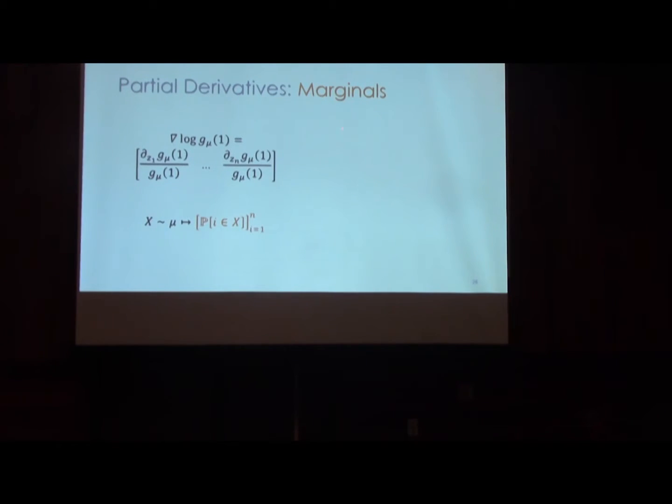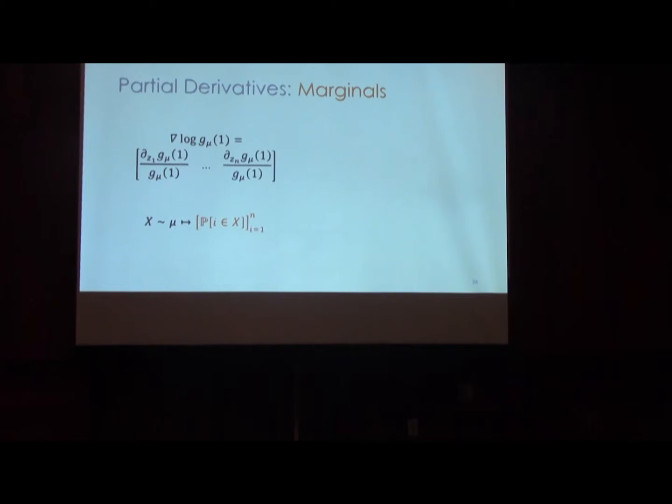So here is the other cool thing you can do with partial derivatives. You're selecting a random set according to a strongly Rayleigh measure, and you want to know the probability of 1 being inside the set.